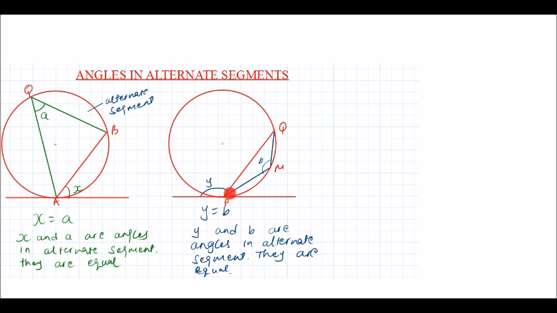So the angle subtended by this chord in the alternate segment is B, and because we have said that the angle formed by the tangent and the chord is equal to the angle formed by the chord in the alternate segment, then this means that the angle Y is equal to angle B. So Y and B are angles in alternate segment.